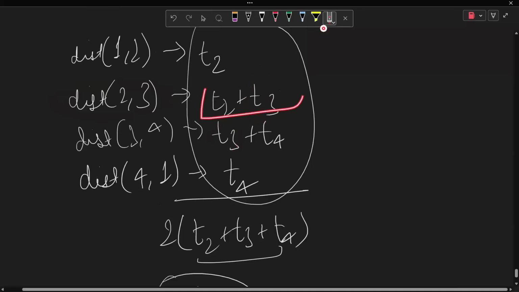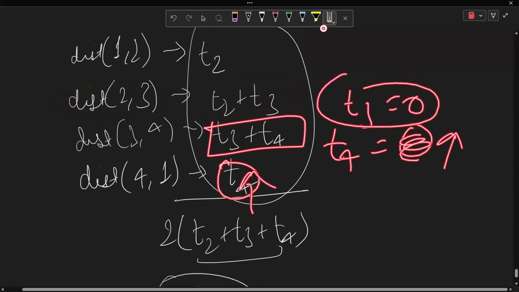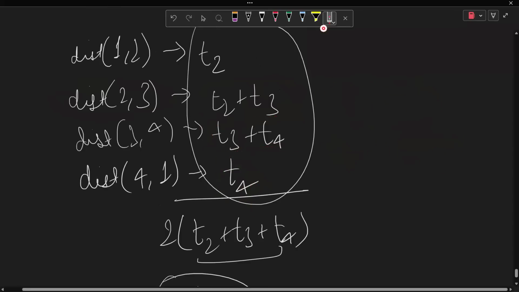Because when it is T2 plus T3, you can take T4 as 0 to maximize this T3. And when it is T3 plus T4, or when it is T4, you can take T4 as some greater value and T3 as 0. So by taking different values, you can maximize your answers.